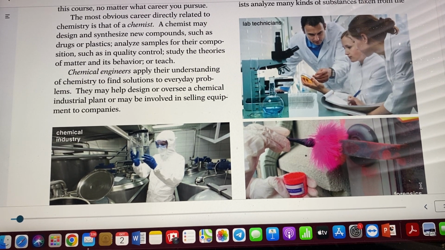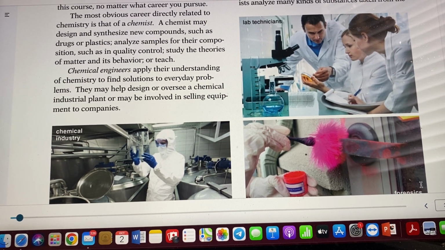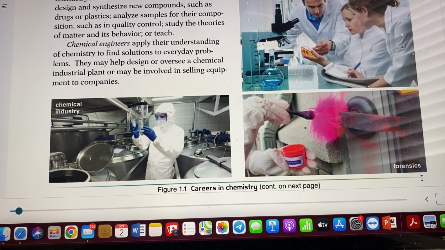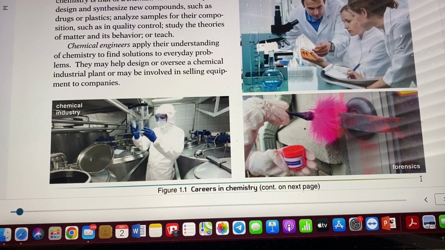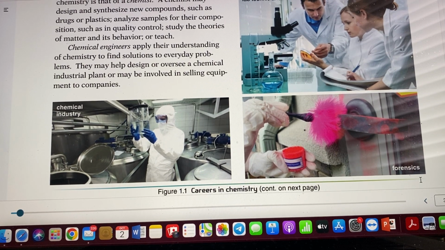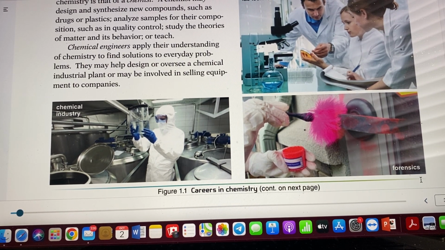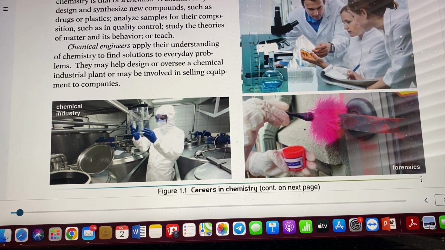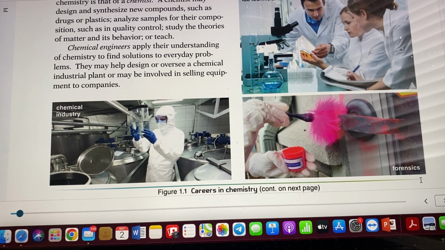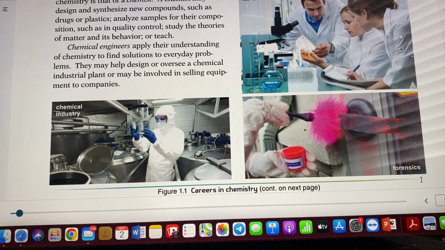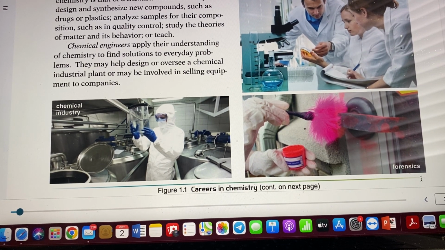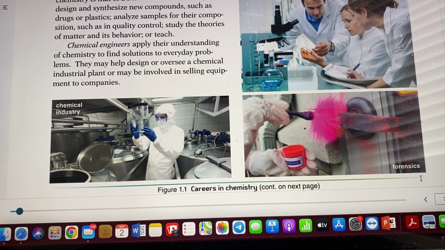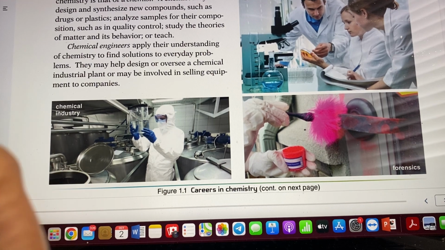The nutritionist is very important. How about forensics? At the bottom here, we have a picture of forensics. Forensics is basically solving legal questions, like for criminals and such. DNA would be a good thing with forensics, so that they could testify in court in a crime if someone had murdered someone or the like. We can see forensics. And then let's go on to the next page, but there are quite a few others too.